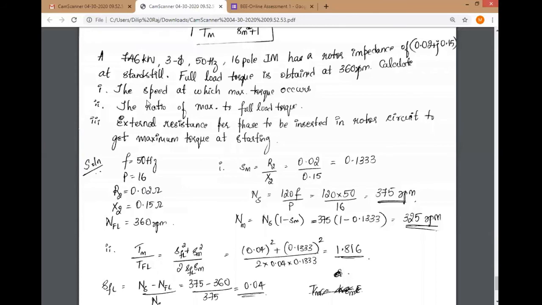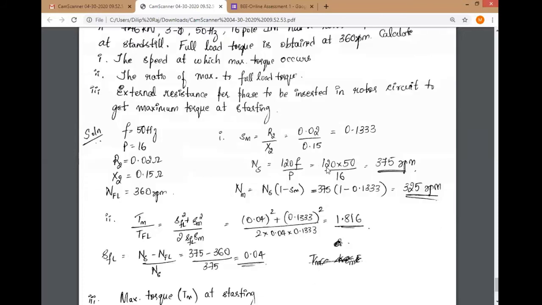If we have to calculate speed, we should know the slip. The slip corresponding to maximum torque we call Sm. Sm is given by R2 by X2. R2 and X2 values are given, so substitute and calculate the maximum torque slip value. That is 0.133.